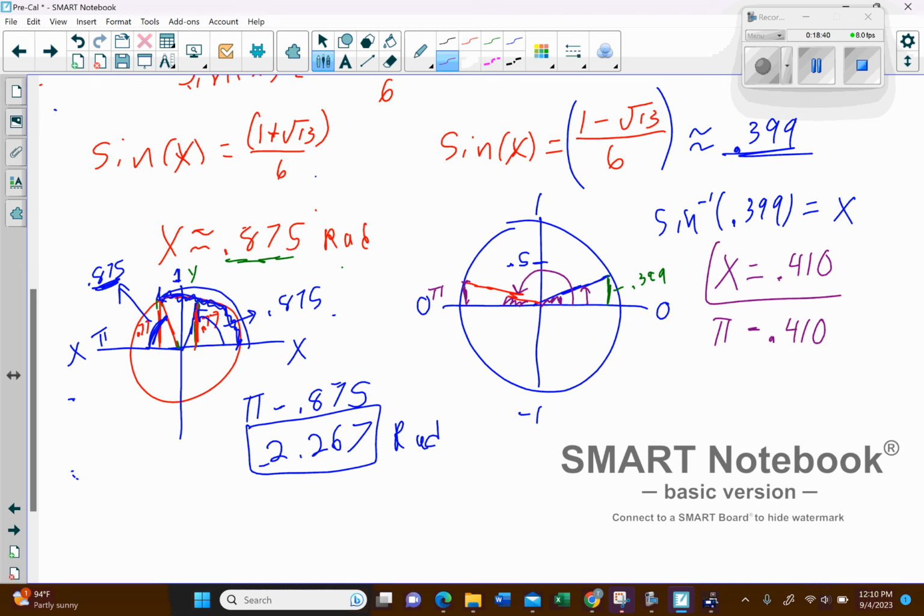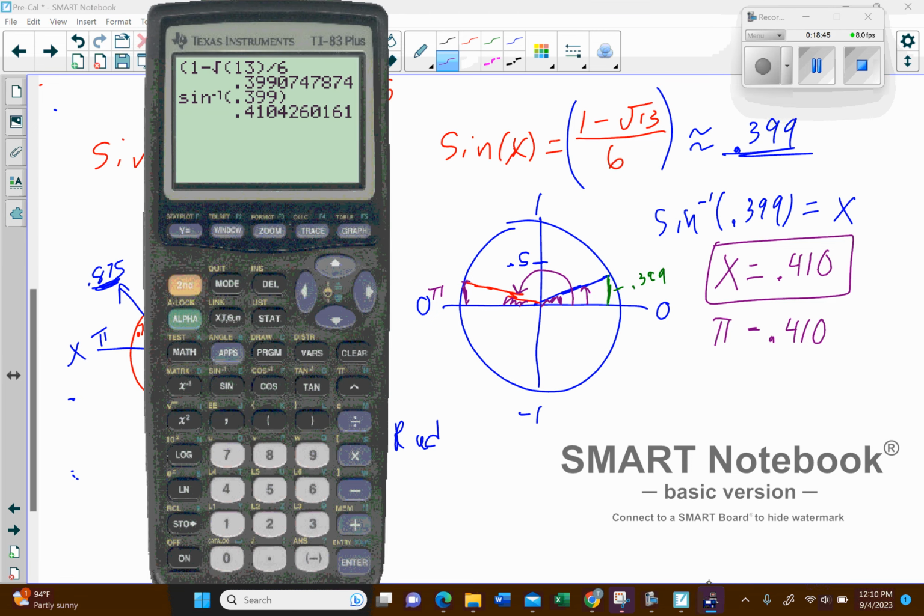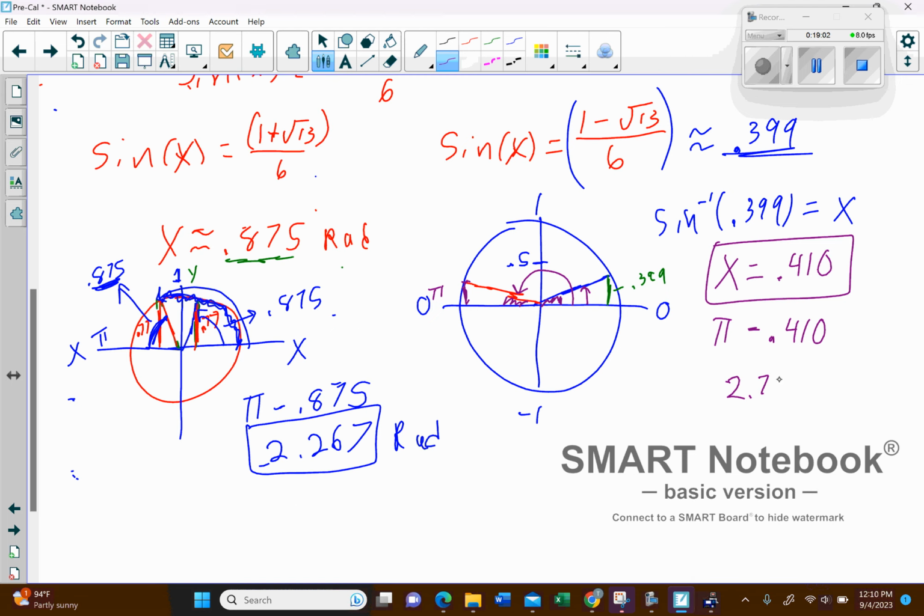So pi minus 0.410, we can round that to 2.732. And so that would be my other one.